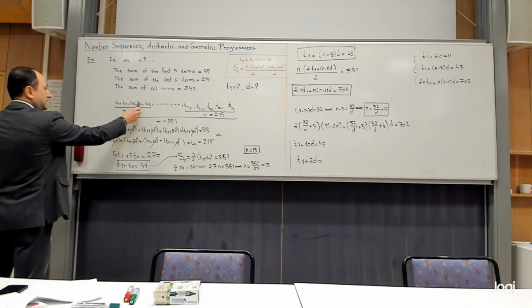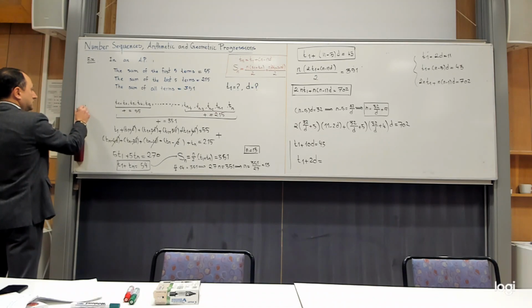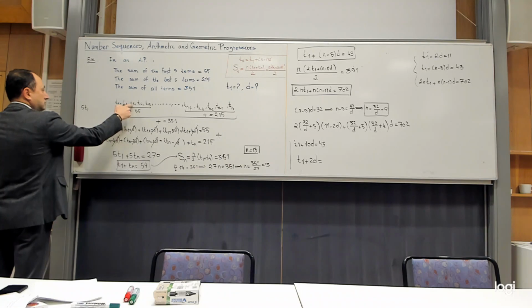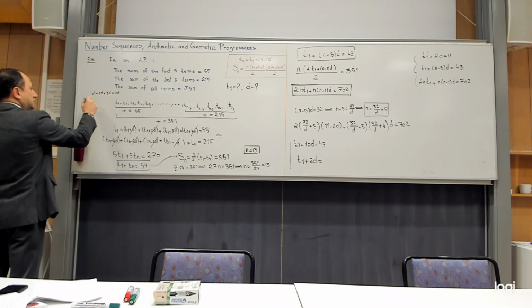So if I add these first 5 terms, it becomes 5t1, and then 1d, 2d's, 3d's, yes, and then 4d's. So what happens? It becomes 7, 9, 10. Is equal to 55.